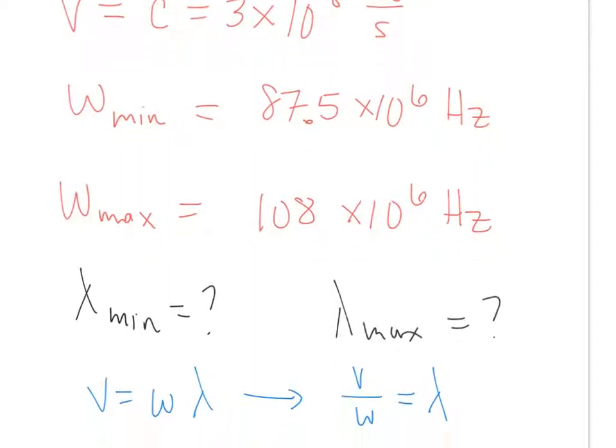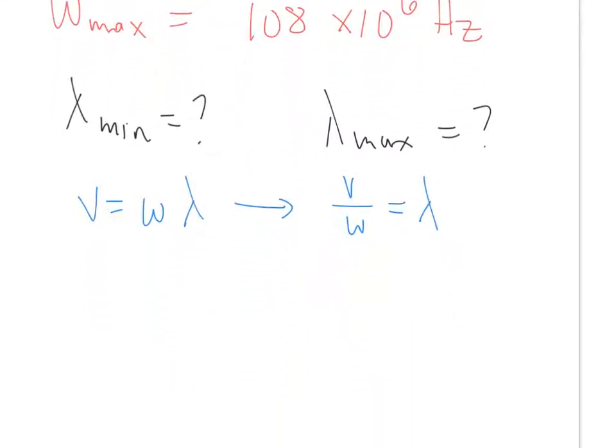You've seen this formula already once, but now we're applying it to EM waves. So there's the velocity in meters per second. The minimum frequency was 87.5. I'll do that one first.